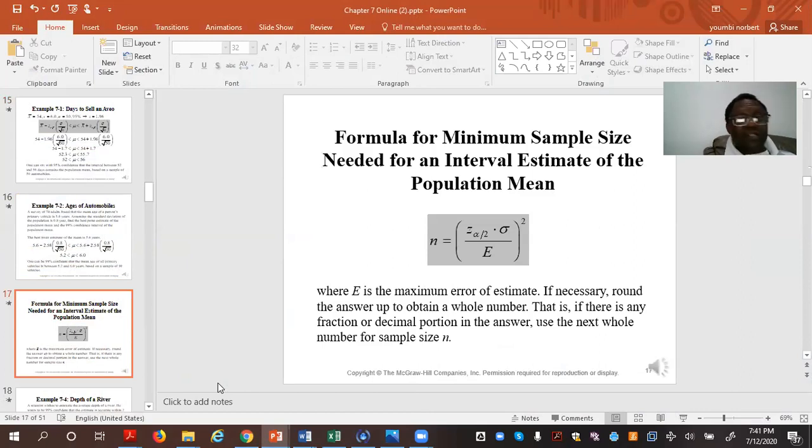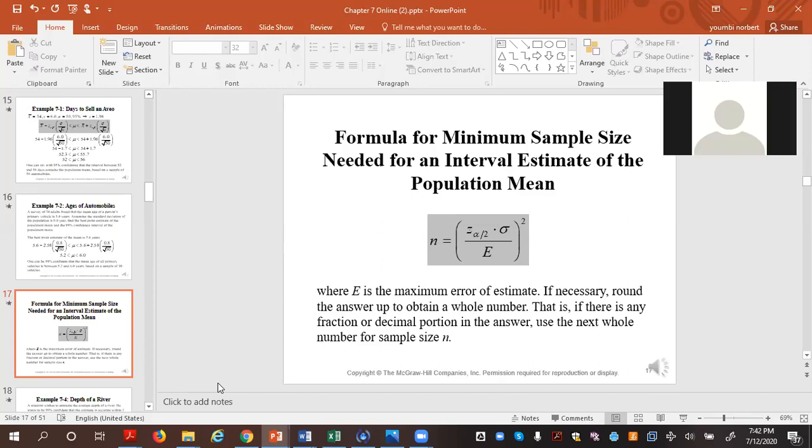So you will do 1.65 multiplied by 42 divided by 10. Wait, what are the numbers again? Do you see the formula on the screen? Yeah, I see the formula. Z alpha over 2 is 1.65. Multiply it by sigma, which is the population standard deviation, and here it is 42.